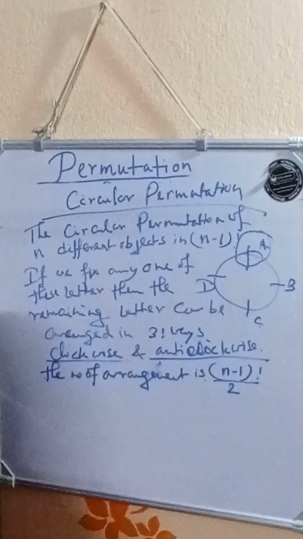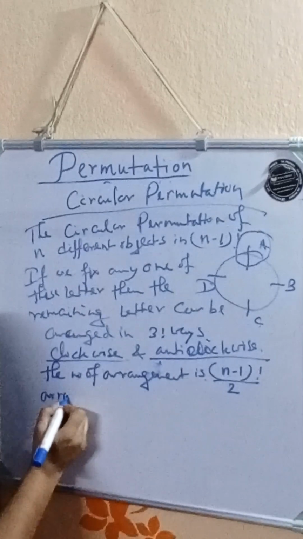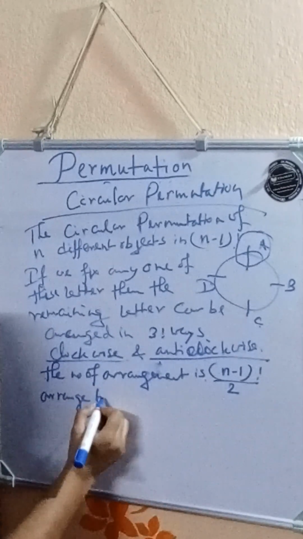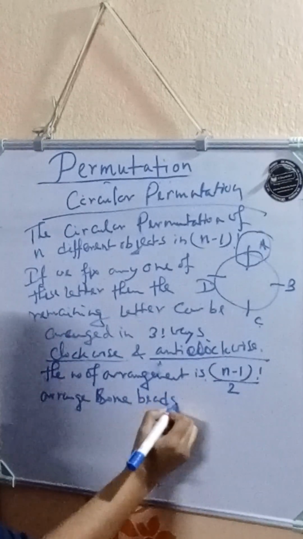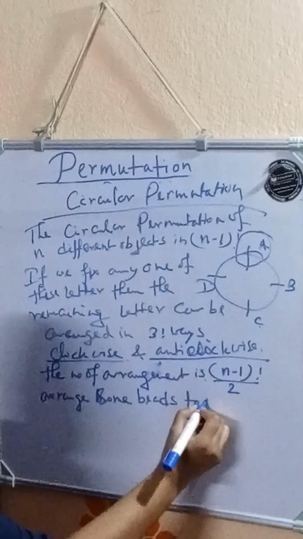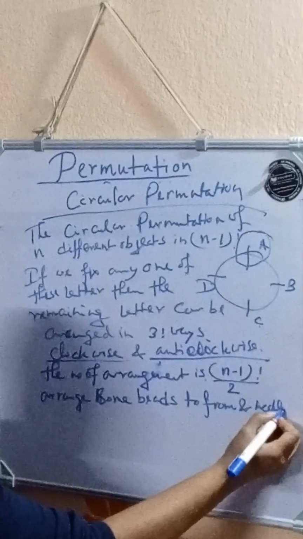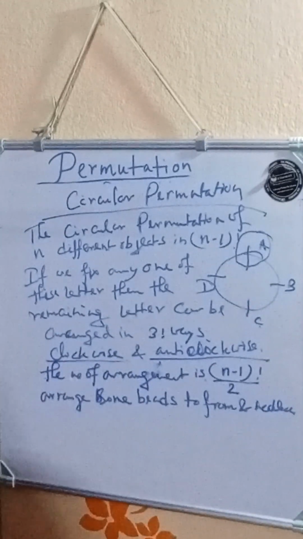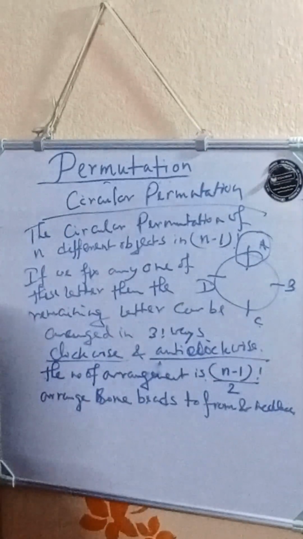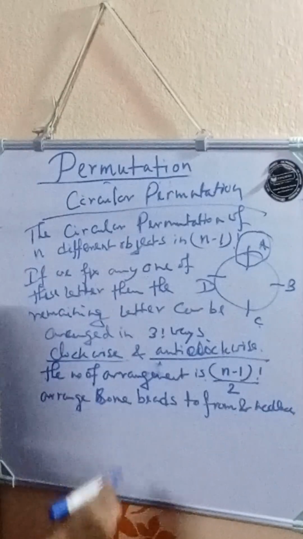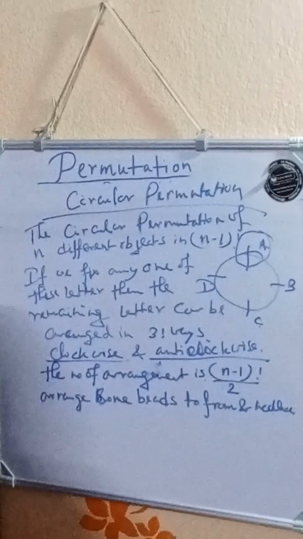Let's take an example: arranging some beads to form a necklace. In case of arranging beads, there is no distinction between clockwise and anti-clockwise arrangement. Therefore, the number of ways in which all beads can be arranged is n minus 1 factorial divided by 2.